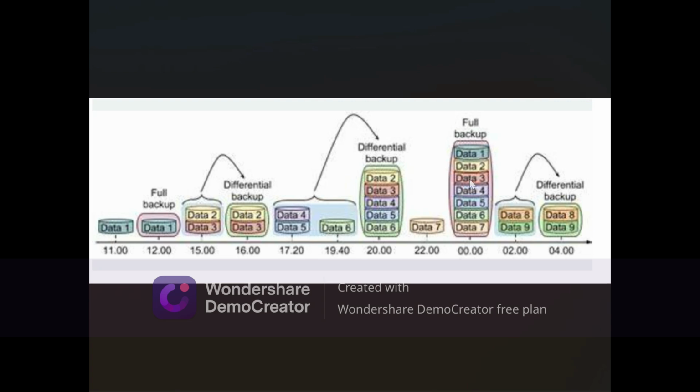So the full backup has data 1, 2, 3, 4, 5, 6, 7. Then at 2 o'clock, transactions data 8 and data 9. So the differential backup will only contain data 8 and data 9. After that, if a full backup is going on, it will contain all these transactions. Hope you are getting my point.